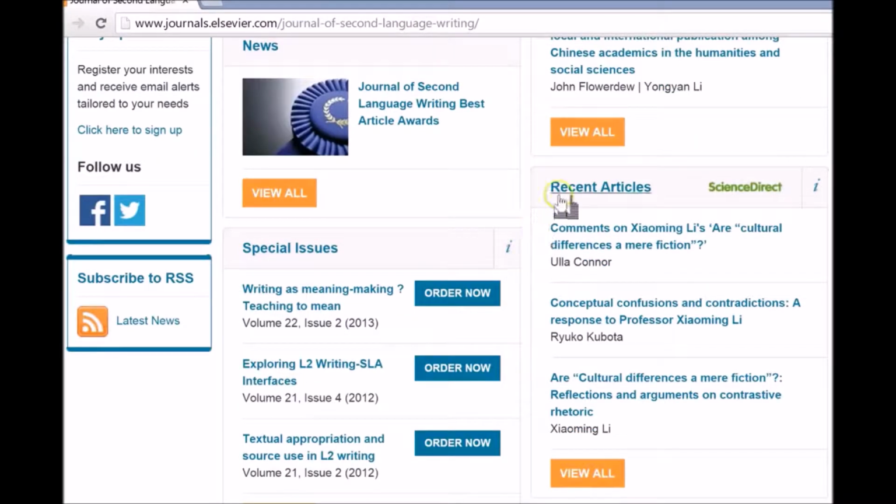Finally, down here, you see the most recent articles, and it has to do with some kind of debate over whether there are cultural differences between different languages in terms of your rhetoric. These are special issues. Special issues refer to this journal particularly having issues that are all on one topic. They have guest editors.